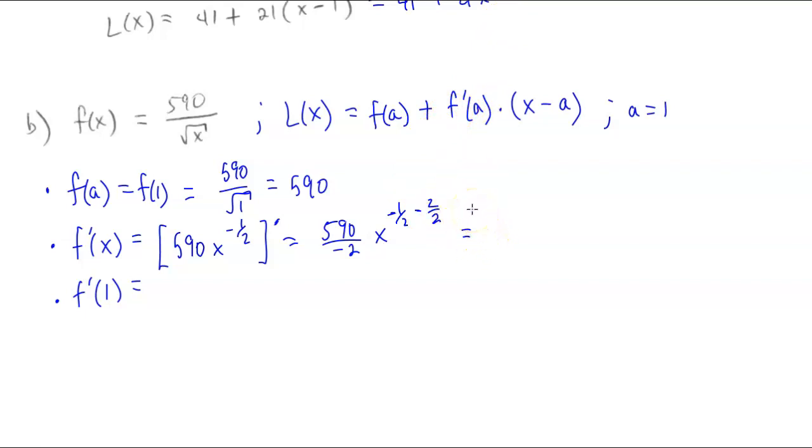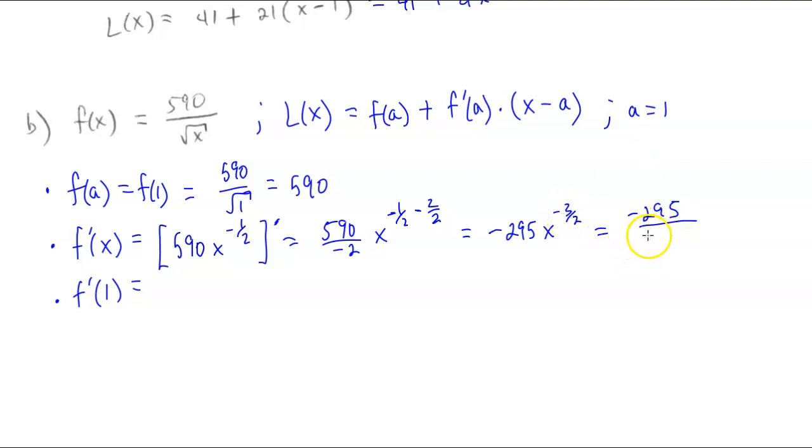From there, this is going to be negative 295 times x raised to the negative 3 over 2. And this will be 295. I'm just simplifying this to make it easier to evaluate once I actually have to plug something into it.